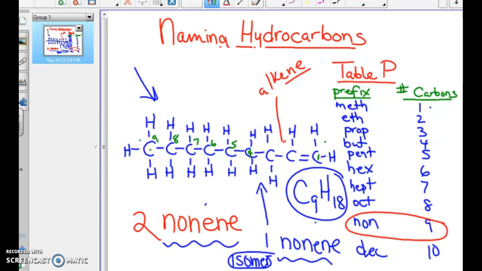So they both have this in common. They're both C9H18, but they differ in the placement of the double bond. 1-nonene has the double bond between carbon 1 and 2, whereas 2-nonene would have the double bond between 2 and 3. Okay, so that was my little lesson on naming what we call single-chain hydrocarbons.